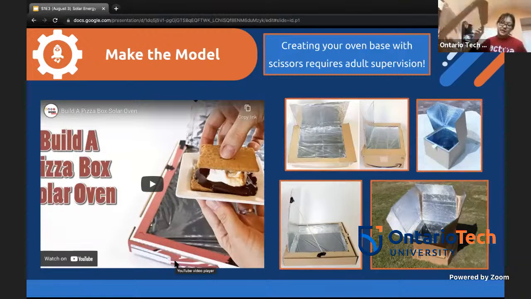Now you see this ring layer we have in the middle? We want to cover this ring with plastic wrap. So grab your cling wrap and we're going to be covering that middle layer with plastic wrap.